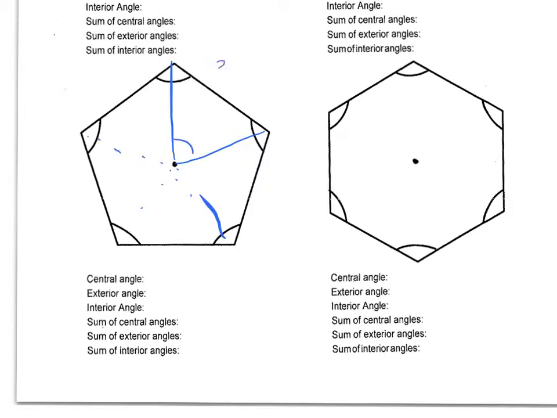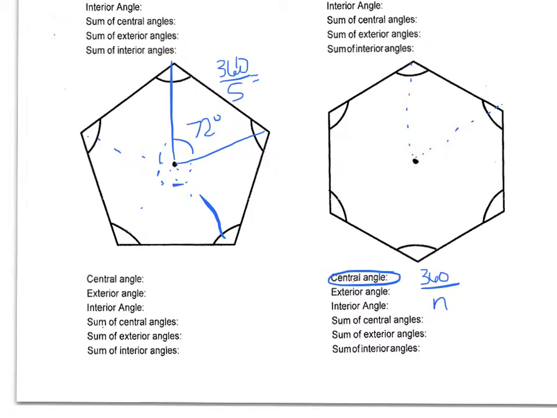So this degree measure would be 360 to go all the way around the center, broken up into 5 angles, which would be 72 degrees, and I could continue for all the other shapes. So the rule for a central angle is that a central angle is always 360 degrees divided by the number of sides, or the number of angles.